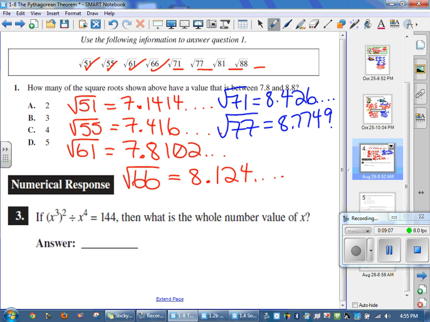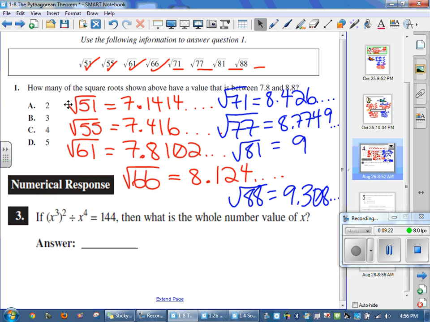Then I take root 81, it's exactly 9, and I take the root of 88, and it's 9.308, and so on. So now the question is asking us, how many of those numbers are between 7.8 and 8.8?